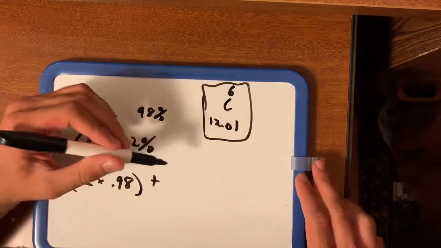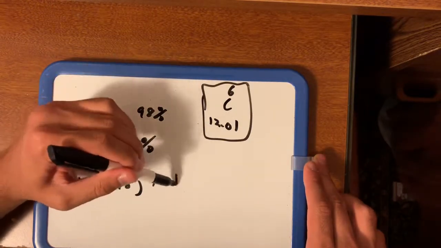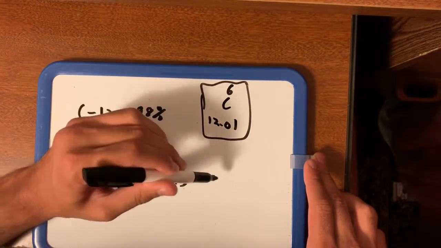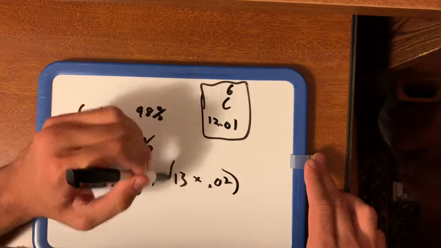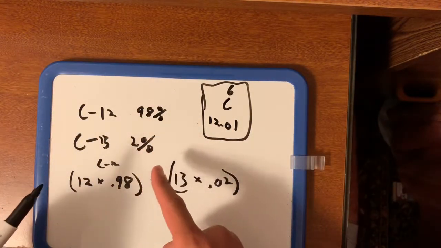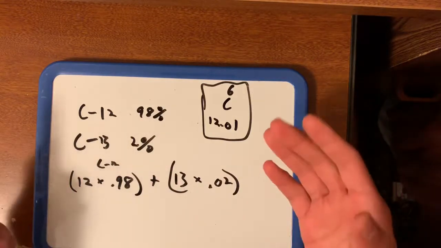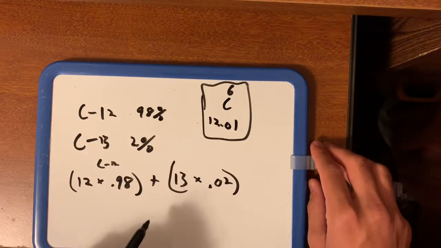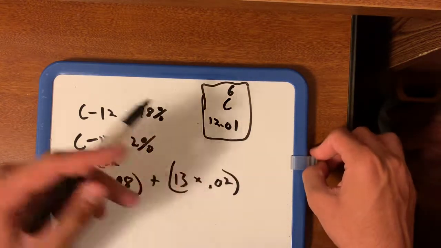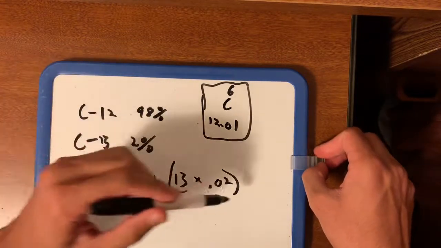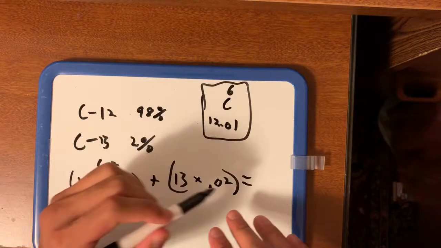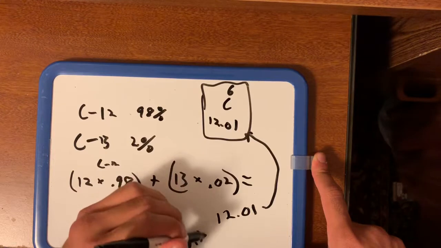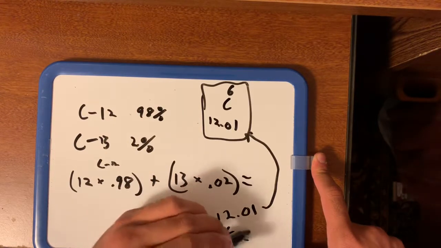Then we add that to 13, which is the atomic mass of this atom, times the abundance that we know of. The way you find the abundance, I'll explain in a later video. Once you add these two together, although this doesn't equal exactly that, and I know these abundances are wrong, let's just say the calculations were correct, it would come out to 12.01, which would give us the atomic weight.